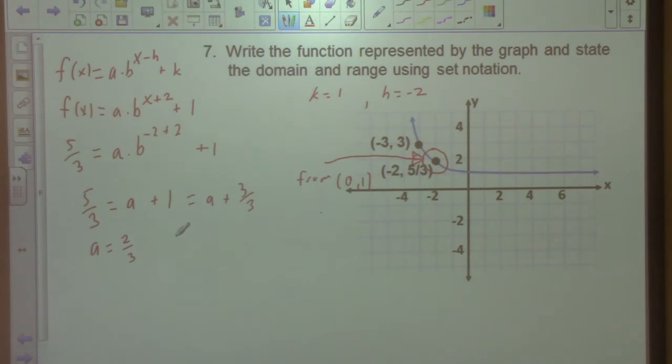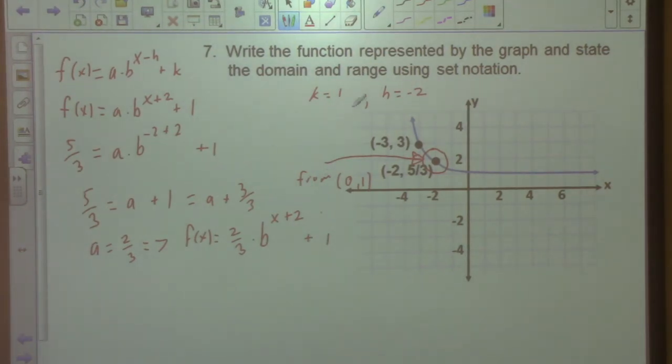So now what we have is f of x equals 2/3 times b to the power of x plus 2 plus 1. And now what can we do?